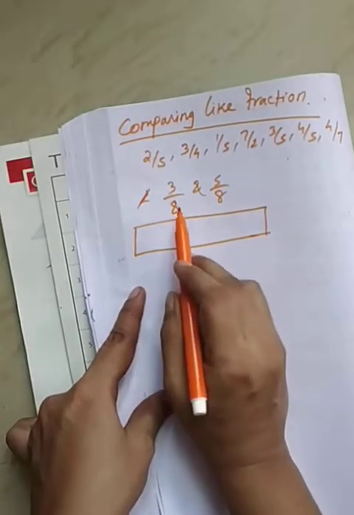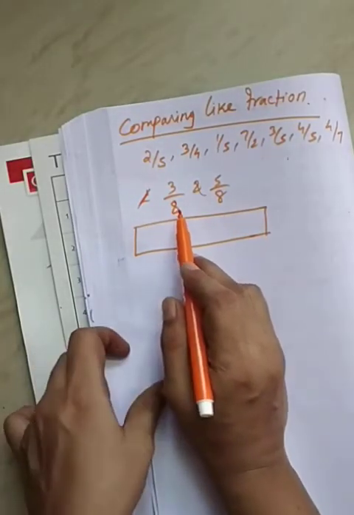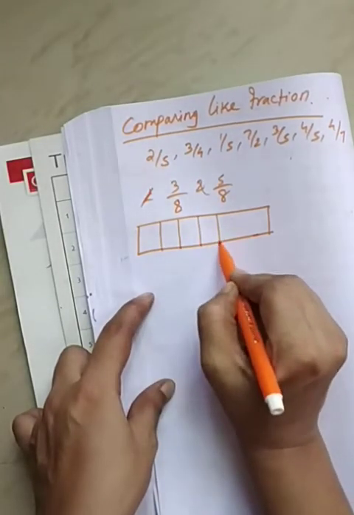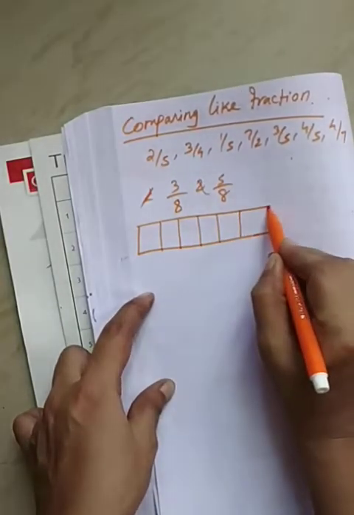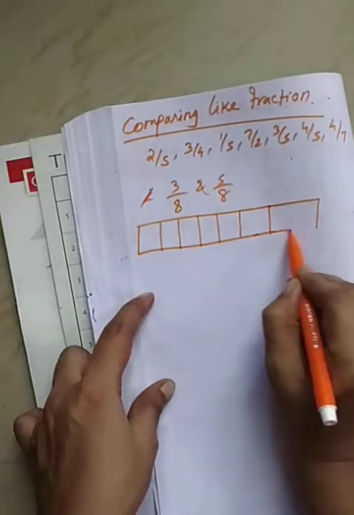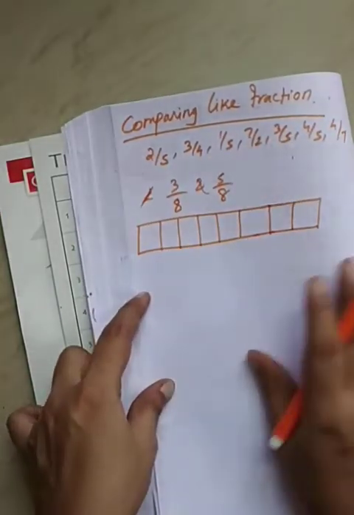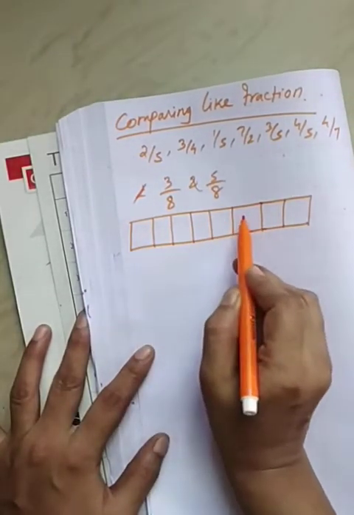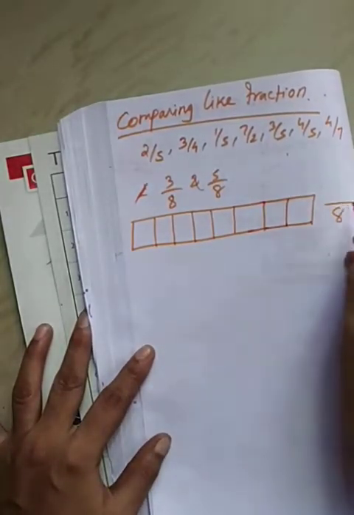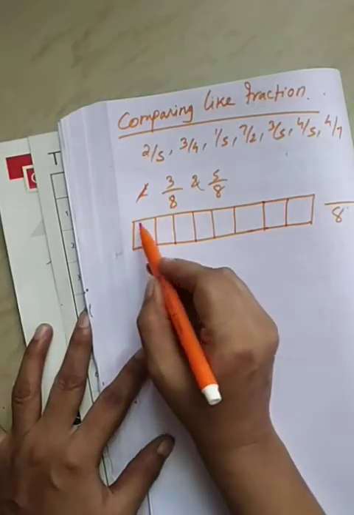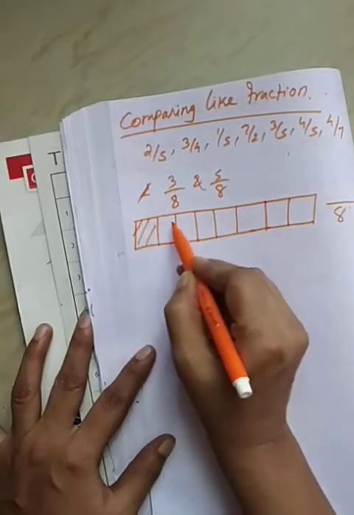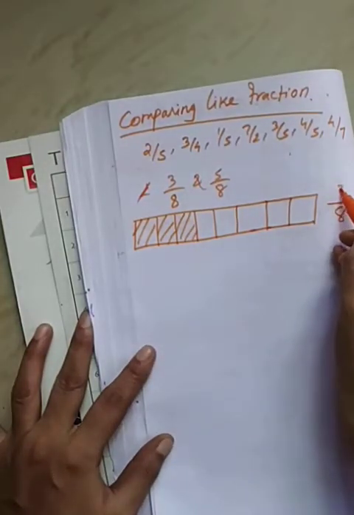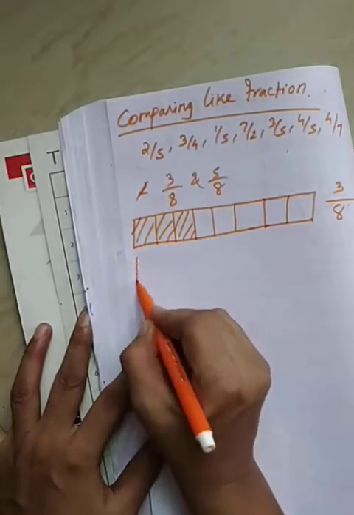See here, the denominator value is 8, so the total parts is 8: 1, 2, 3, 4, 5, 6, 7, 8. All are like fractions only. So write 8. Numerator value 3, so I have to shade 3 parts. So 3 by 8. Next, 5 by 8.